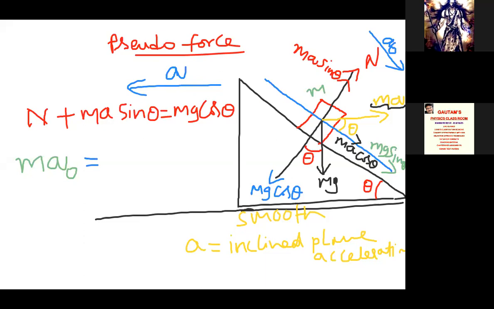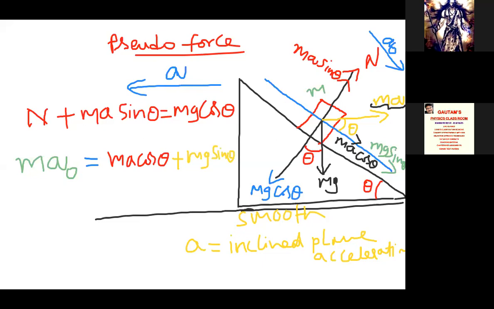You can observe there is no upward force, only downward force. So mass of the block into acceleration of the block is equal to, why is the block accelerating? Only because of downward forces. What are those two? ma cos theta plus mg sin theta.